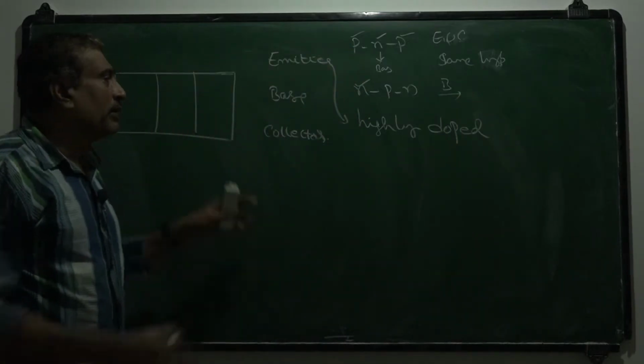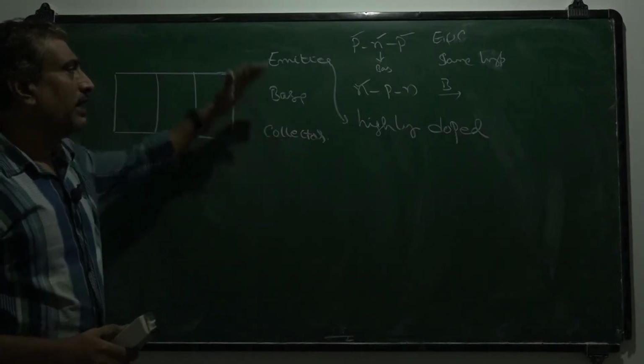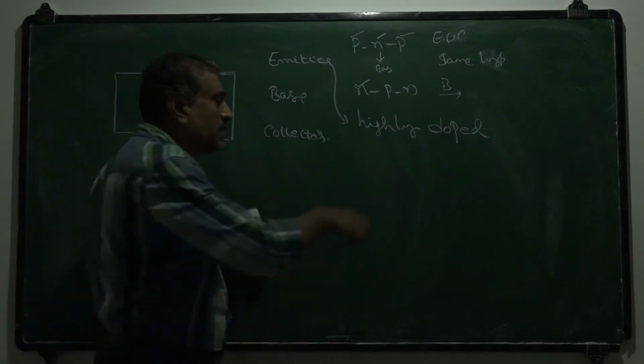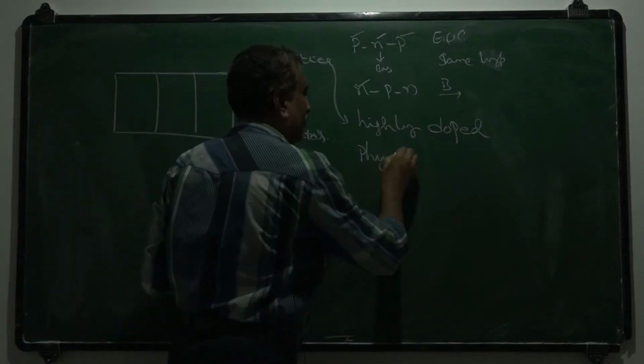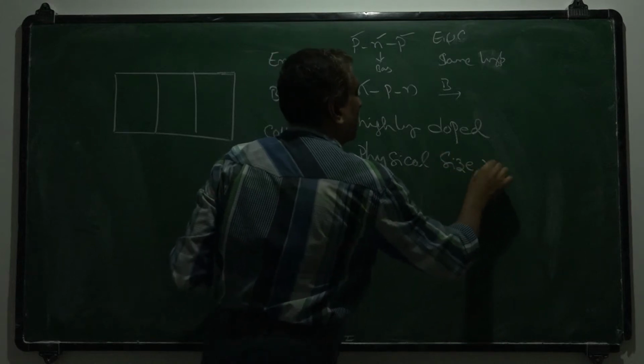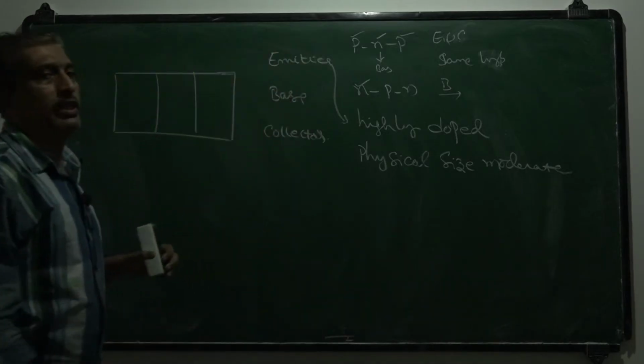Compared to the base and collector, the emitter region is highly doped, but the physical size is moderate.